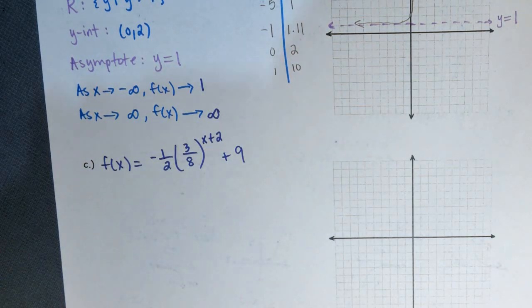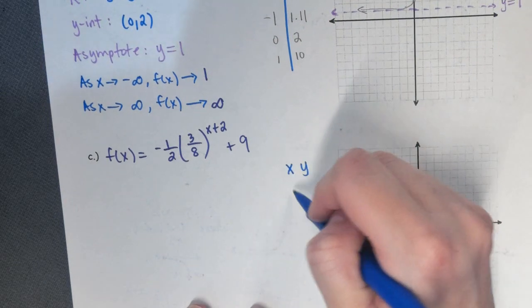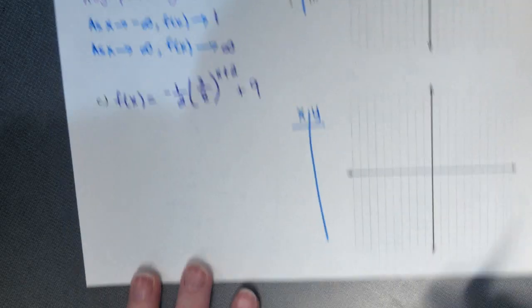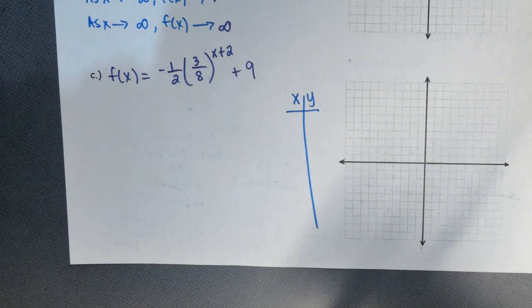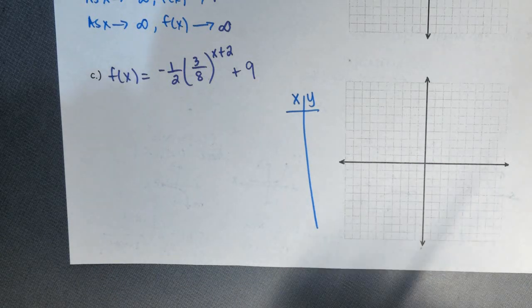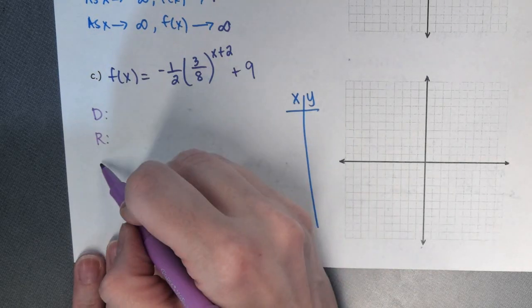So let's make our table. What can you tell just by looking at the function? How about something that is one of the things we have to write down? Yeah, the asymptote's going to be 9. Good. And we also know the domain, right?